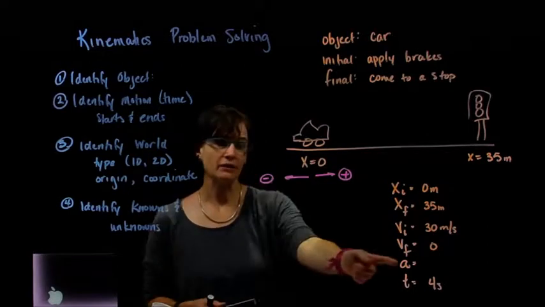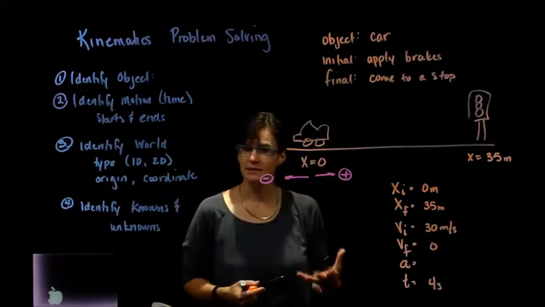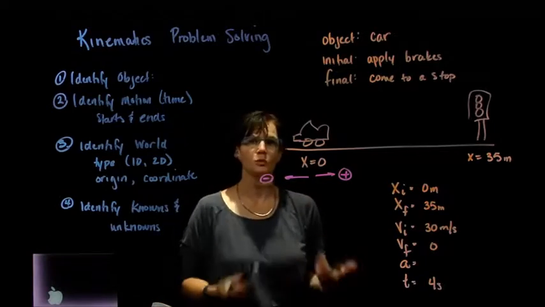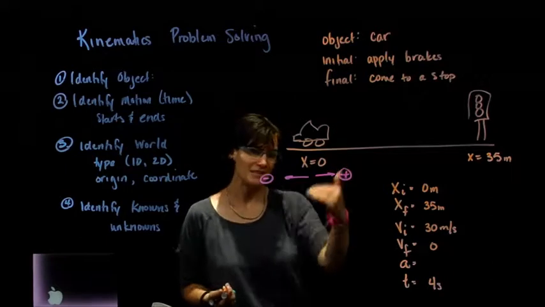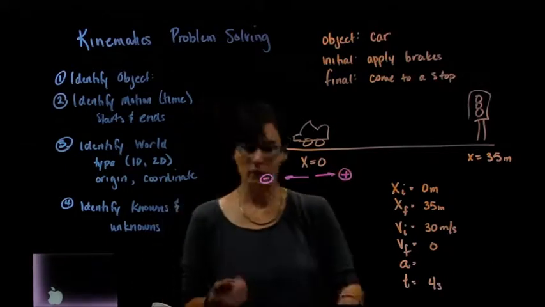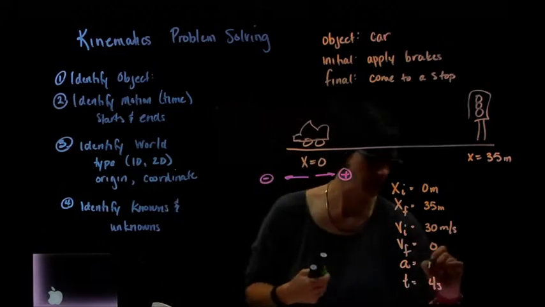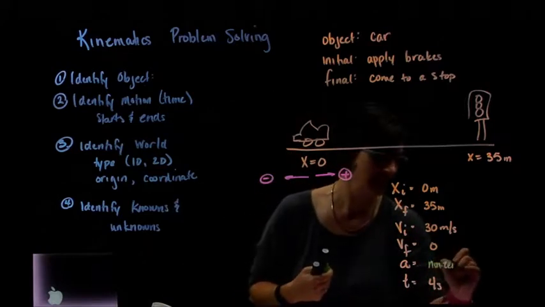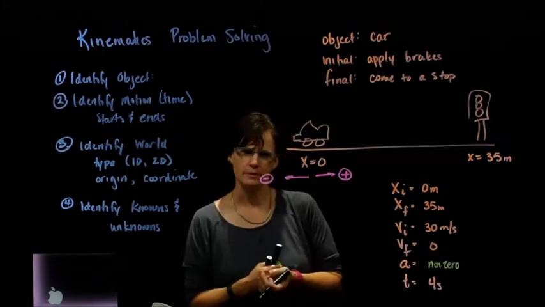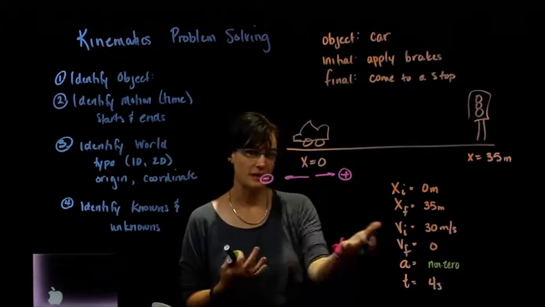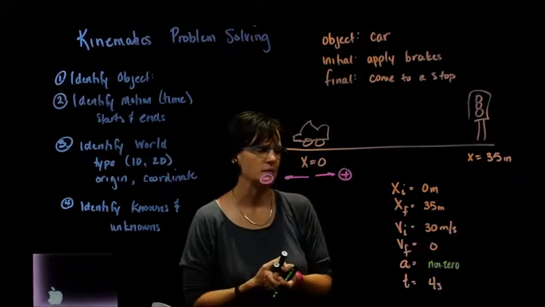Now, I'm not given my acceleration, but we can think about some ideas about it. Do we expect there to be a non-zero acceleration? Well, yeah, it's changing its velocity. It's going from 30 down to 0, so we do expect this to be non-zero. It exists in a non-zero form and has a magnitude. And what direction do we expect it to be? Well, we can put that idea on our list as well.